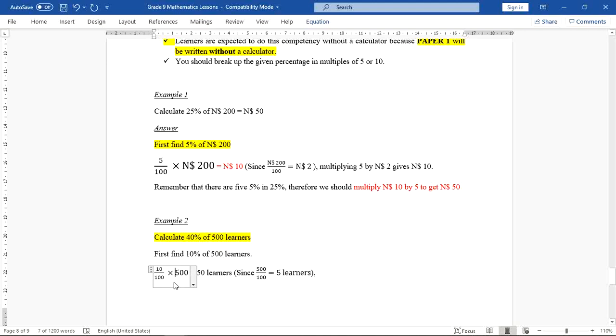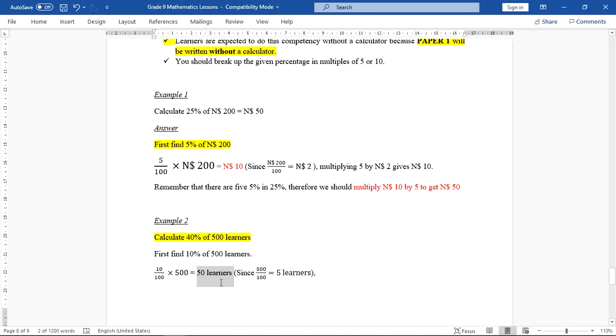So 10 over 100 times 500. You divide 500 by 100, and if you do that, you get 5 learners. Then you multiply the 5 learners by 10, and that will give you 50 learners. So 10% of 500 is 50 learners.